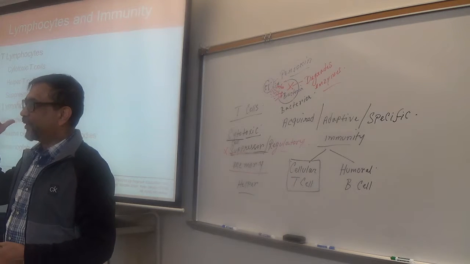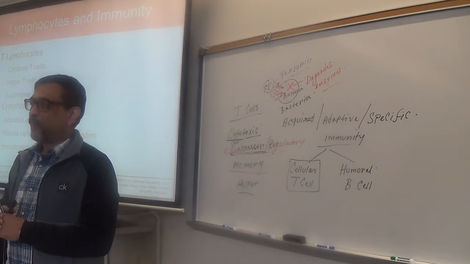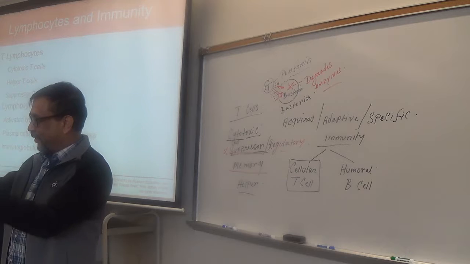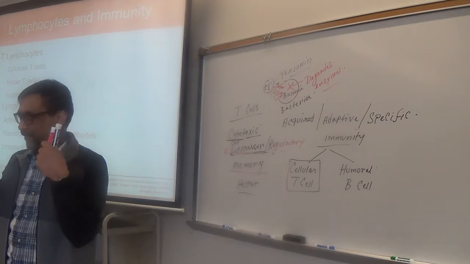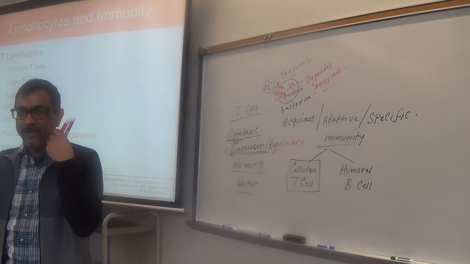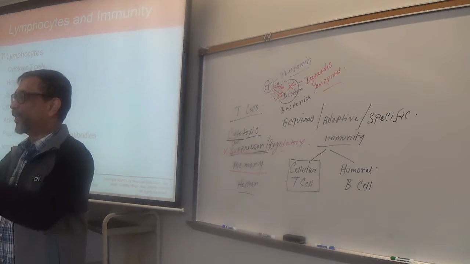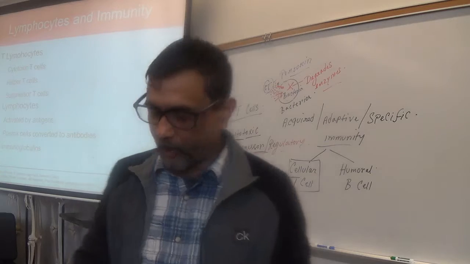Make sense? And the memory T cells stay in your immune system. When second time, same kind of bacteria or virus tries to enter, then you have the memory information, right, about that enemy. So your body will do what? Quickly respond, right? So that's why memory T cells are very important.